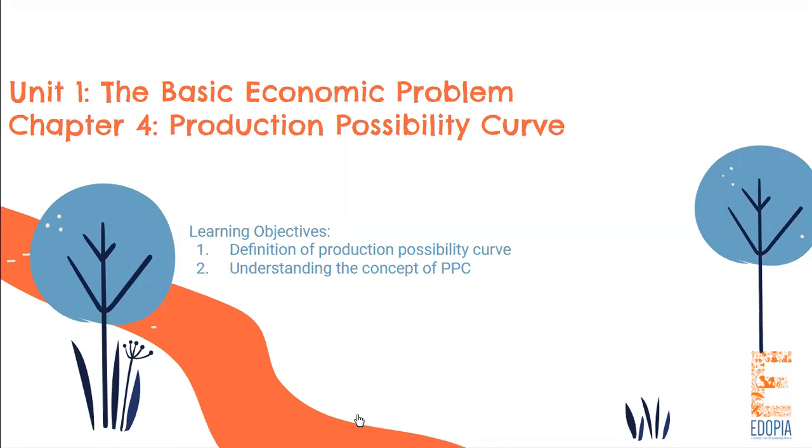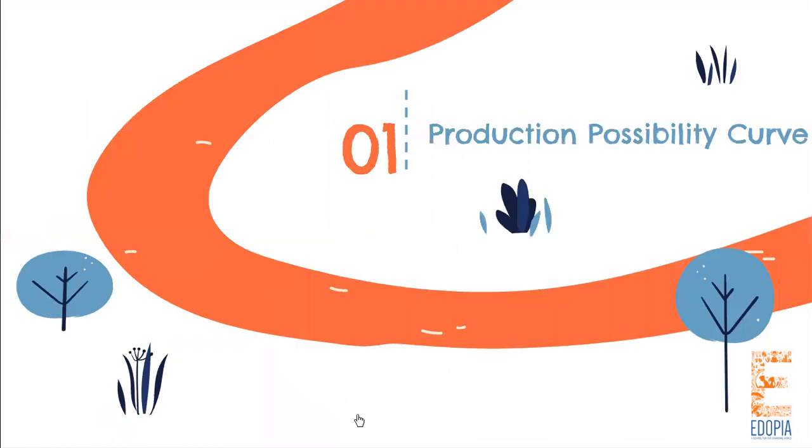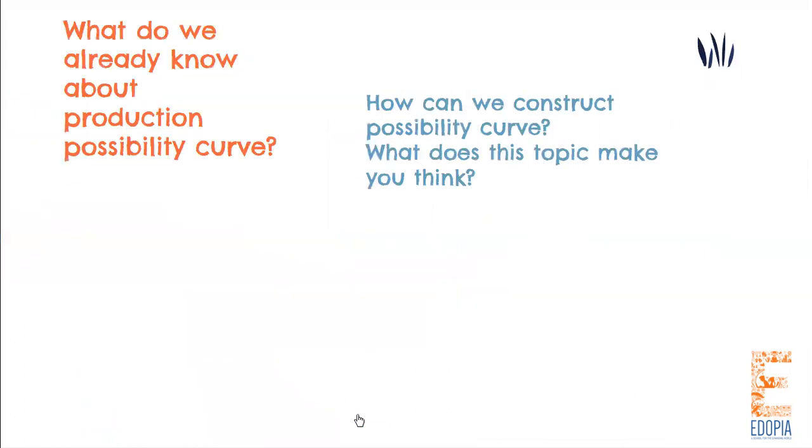understand the entire topic. So now, first of all, you need to question yourself: what do you think the production possibility curve is? Is it somewhere related to production, how would the curve be made, and what sort of a curve would it be?